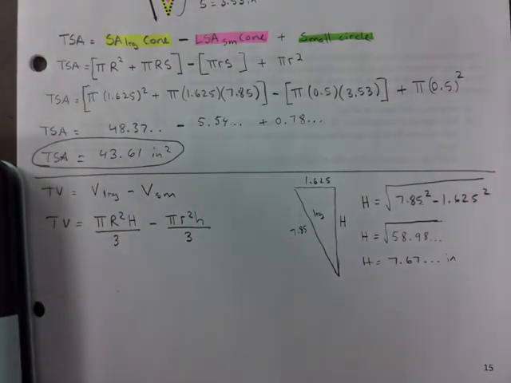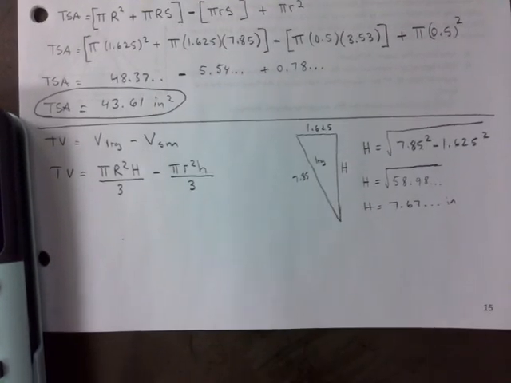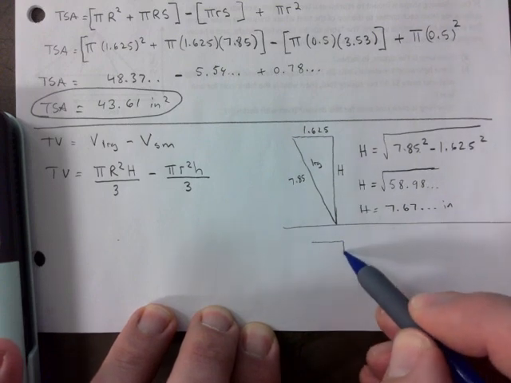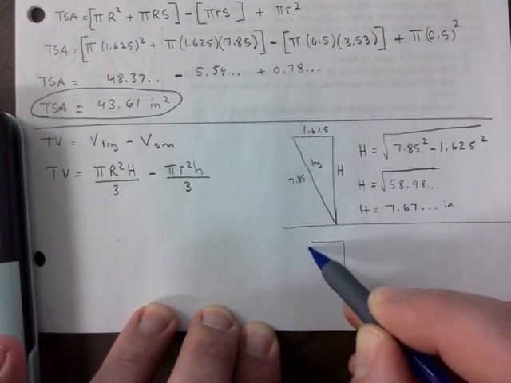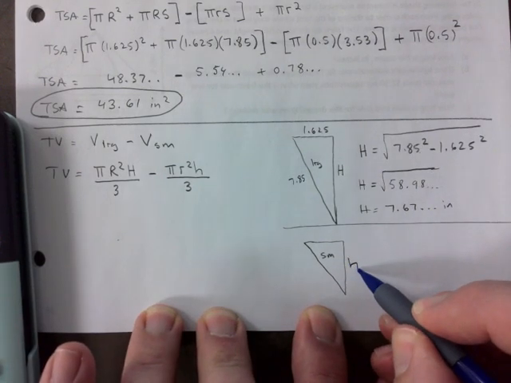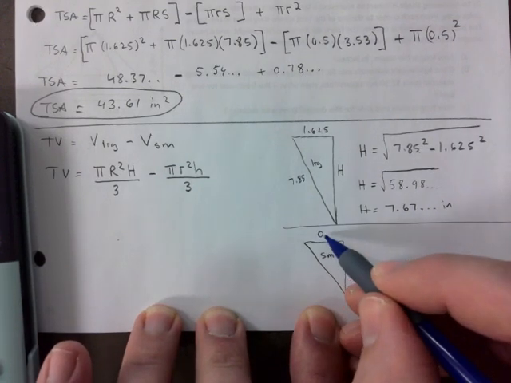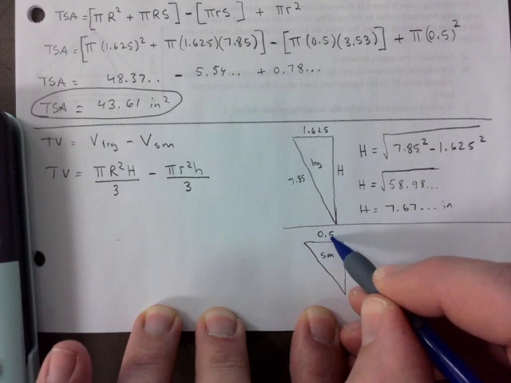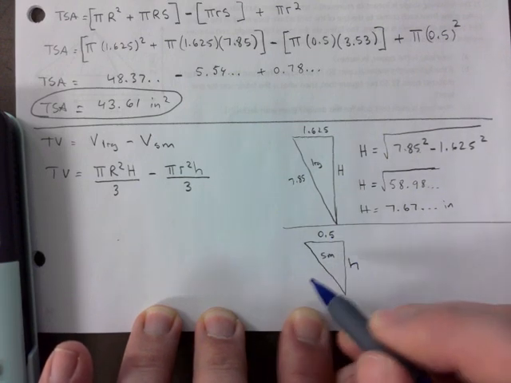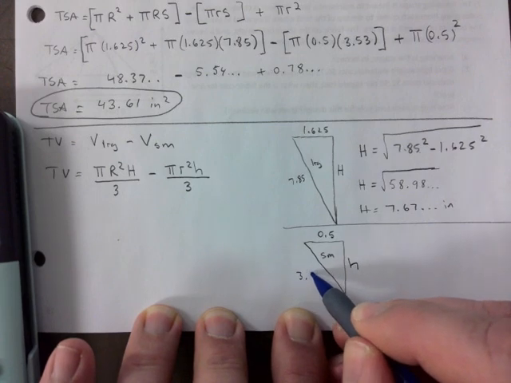Let's do the same with the small cone. So I'm going to cut this here. This is the smaller one. I want the height. I know the radius is 0.5. I already know that the slant is 3.8, oh sorry, 53, yeah.